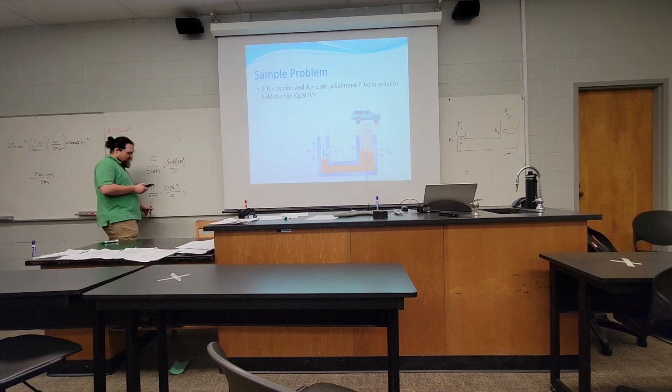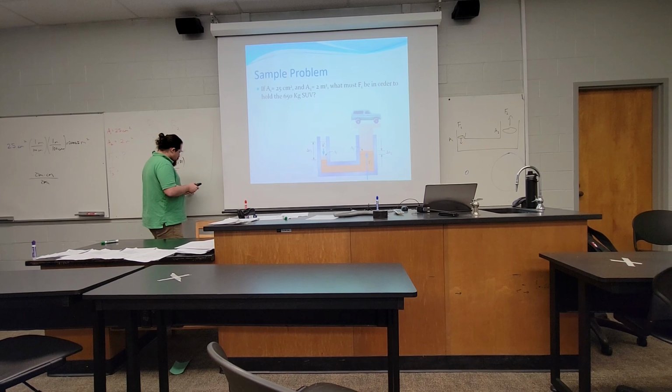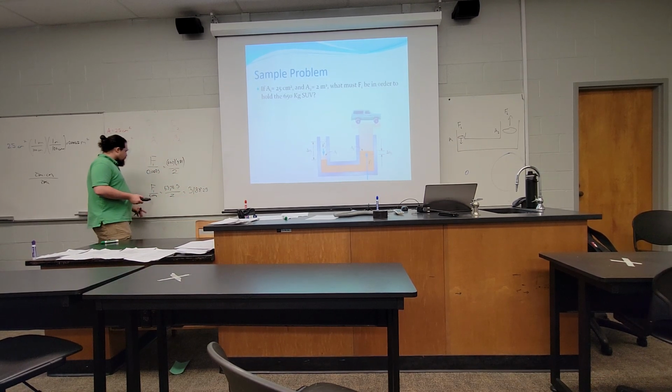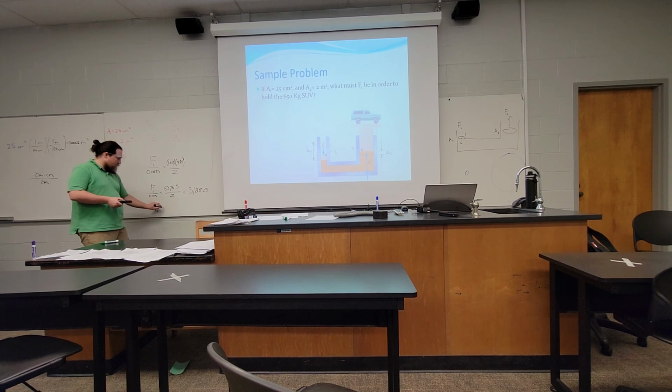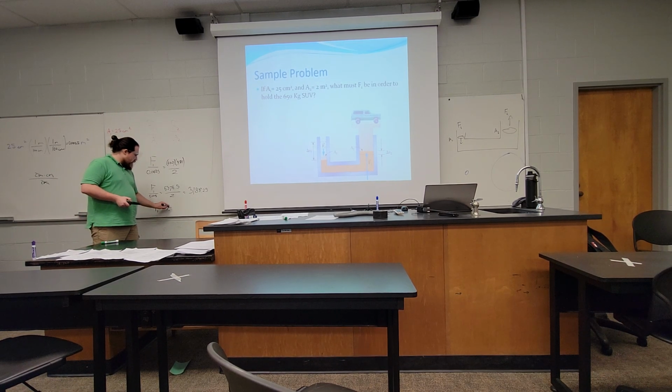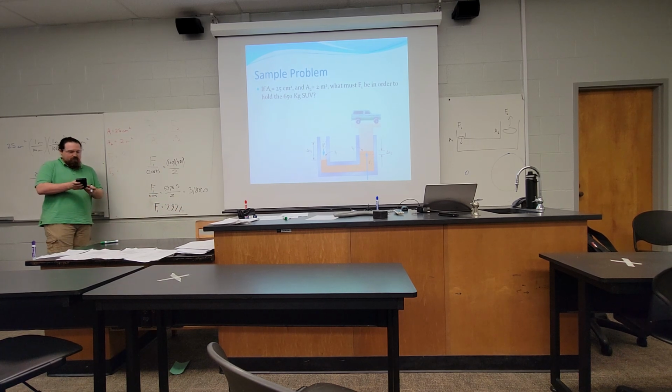Go ahead and do that division, which will give us 3,188.25. And then we multiply both sides by 0.0025. And that should give us a final answer, approximately, of 7.97 newtons. Does anyone disagree?